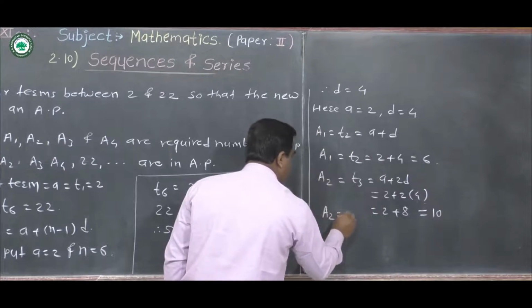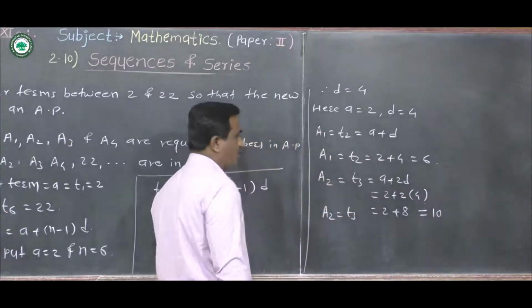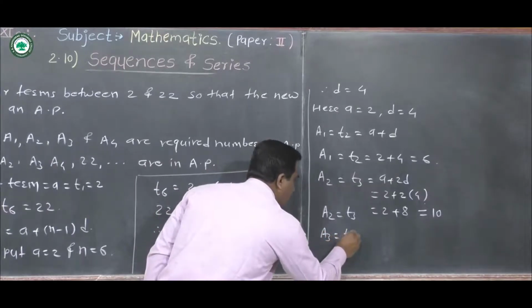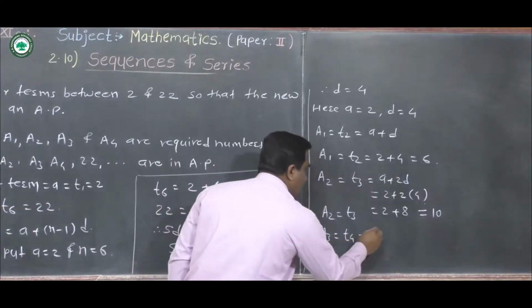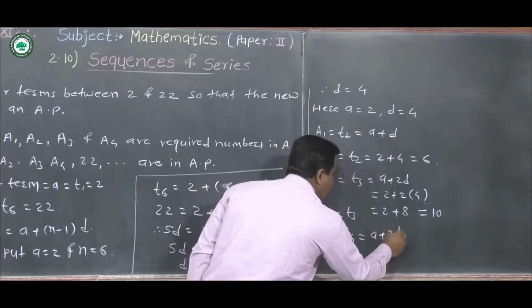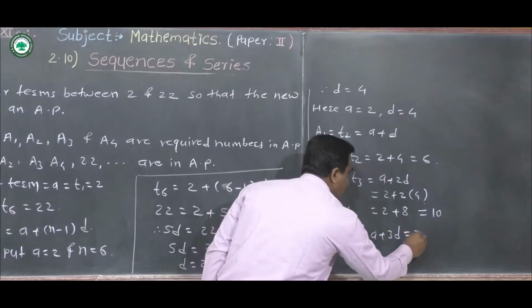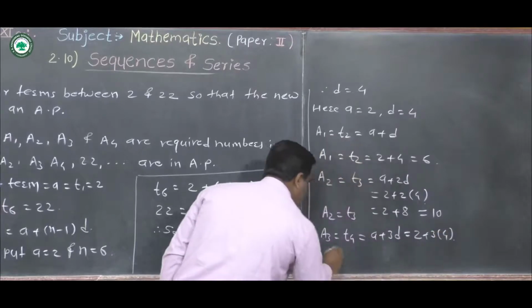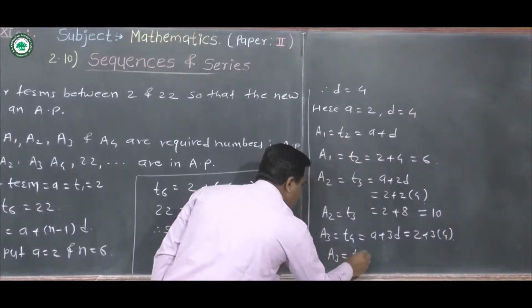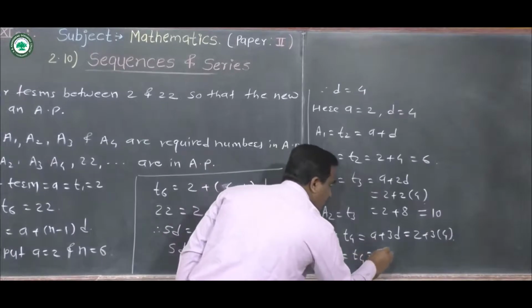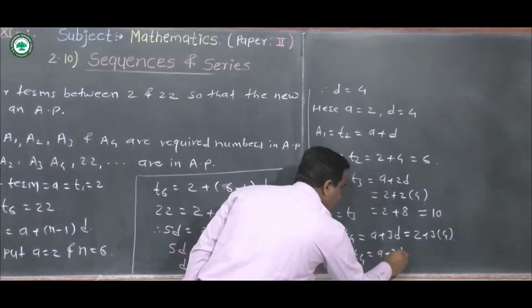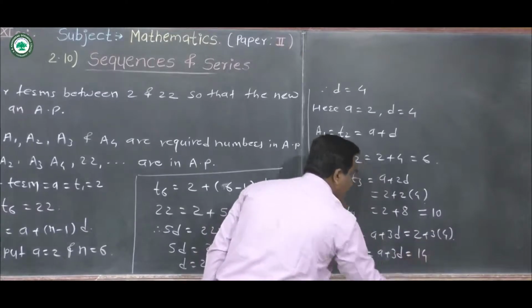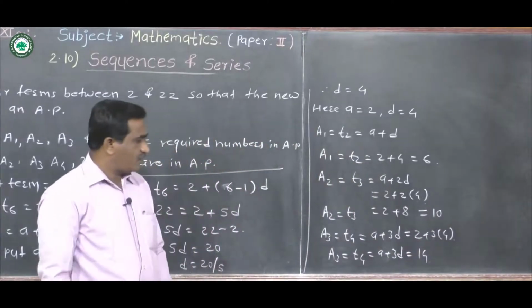We get a2 equal to t3 equal to 10. a3 equal to t4 is equal to a plus 3d, that is 2 plus 3 into 4, which is 12 plus 2, equal to 14.